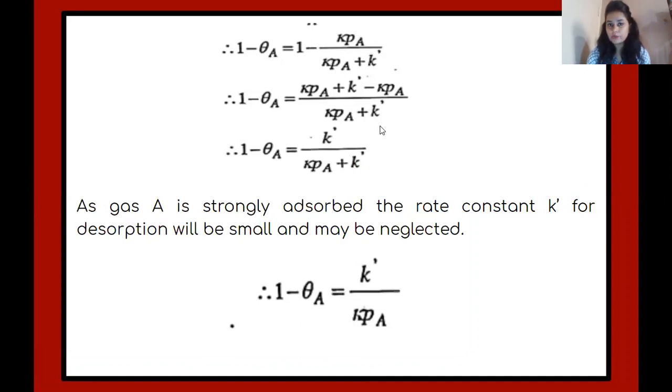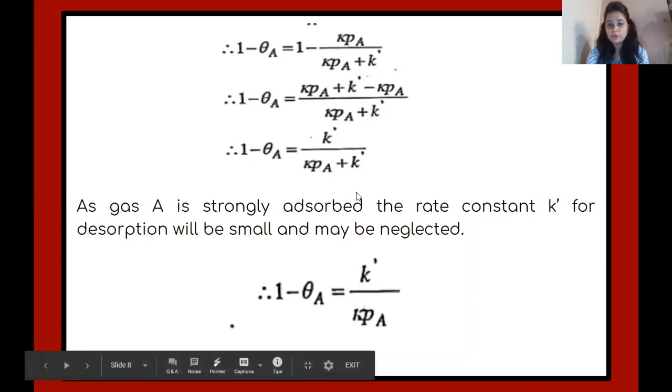Because Kpa is positive and negative, they cancel out. So 1 minus theta is equal to K dash upon Kpa plus K dash. If gas A is strongly adsorbed, the rate constant K dash for the desorption process can be neglected. So 1 minus theta will turn out to be K dash upon Kpa.